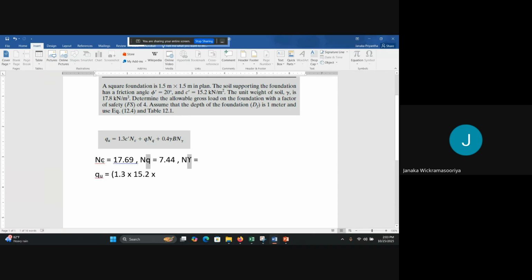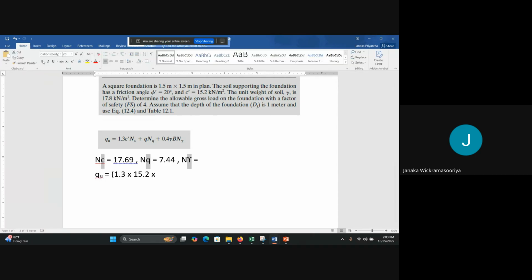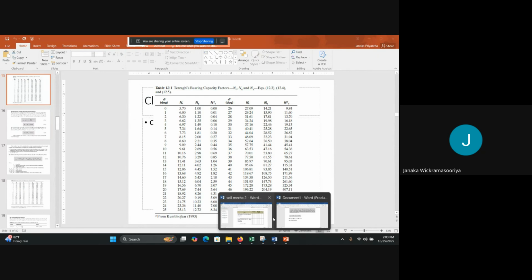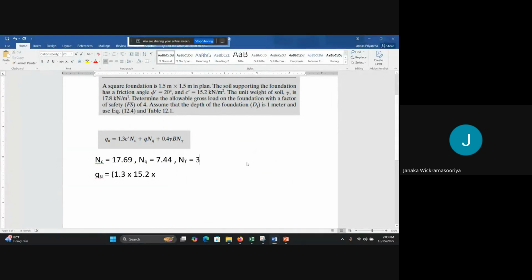NC, NQ, N gamma. N gamma is 3.64. Right. QU, I will put this NC 17.69. Right. The first part is okay.